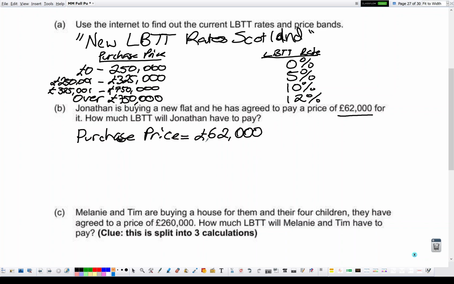So the LBTT rate, what is the LBTT rate on a property that is paid £62,000? So look at your table, look at what you've written. If it's £62,000, what is the LBTT rate? Write that down.